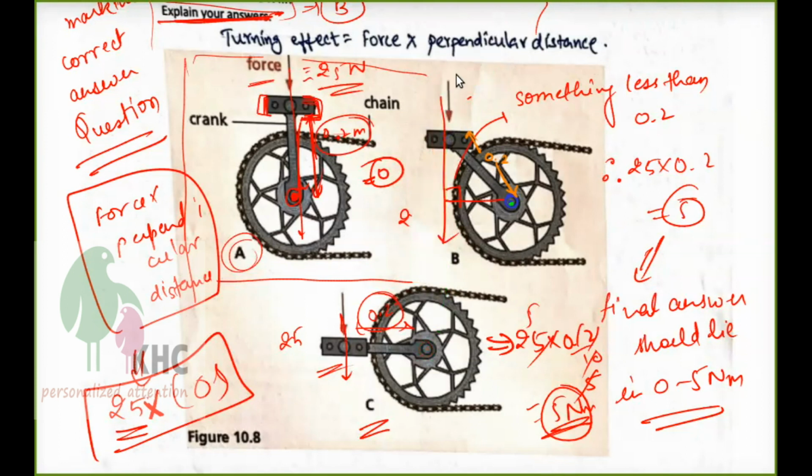If this is your force, and I'm not going to draw the force this long because the force is only up to here, and this is your axis, and you have to write the moment of this force about this axis, then this line, I'll dot it out, is first of all the line of action of force.